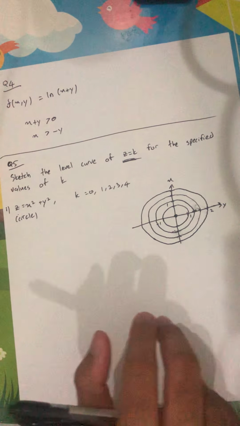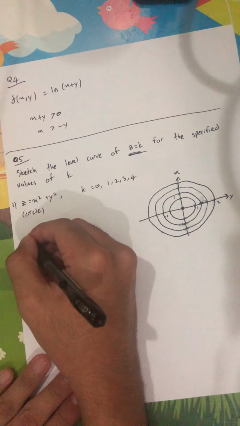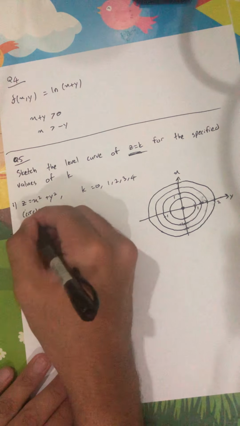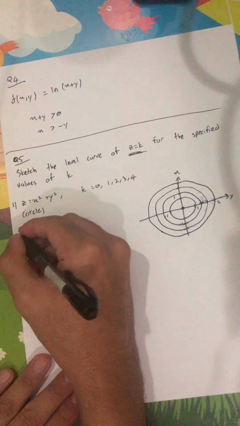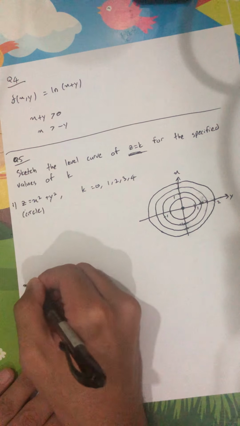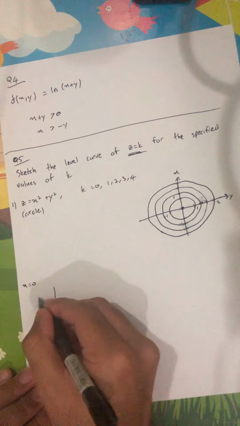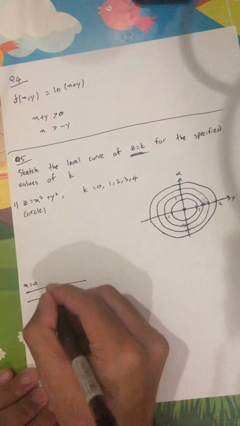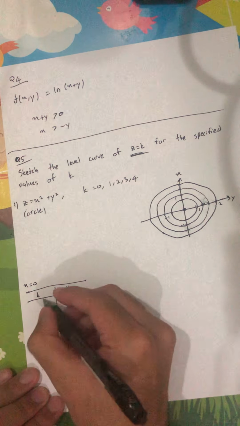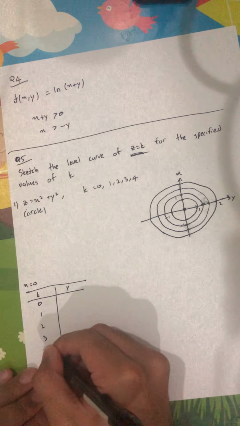Another way, you can also do it like this. If you can plug every value into the equation, you can solve this as well. First you let x equal to 0, and you make two columns of k and y. X equal to 0 and the unknown is y. So k is equal to 0, 1, 2, 3, 4.